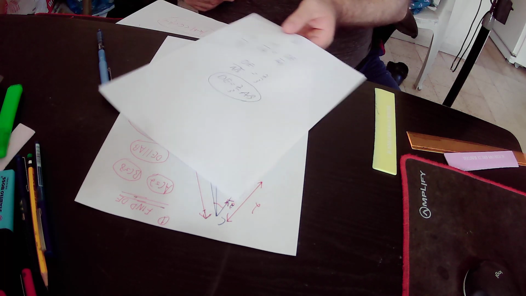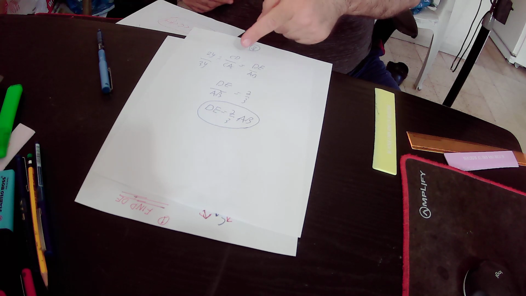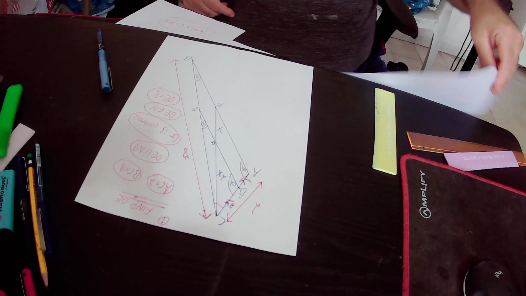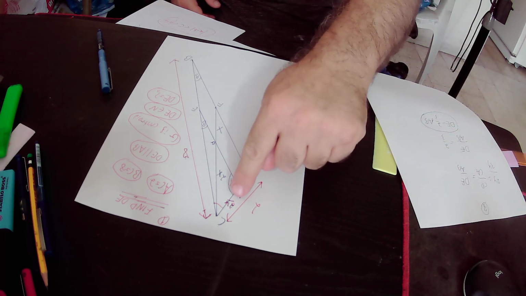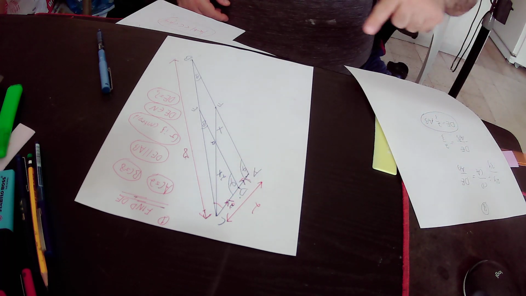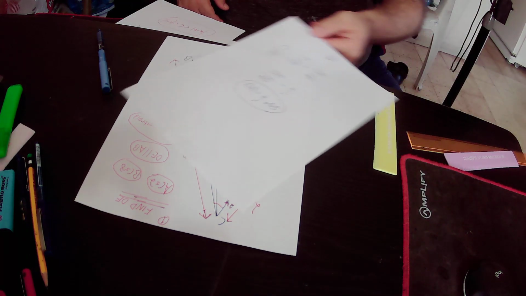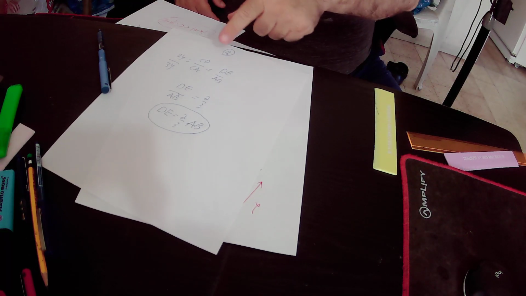Okay, CD over CA equals DE over AB. But what is the value of CD? CD equals 2y. And what is the value of AD? AD equals y.